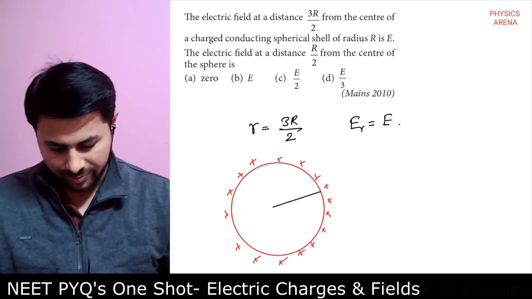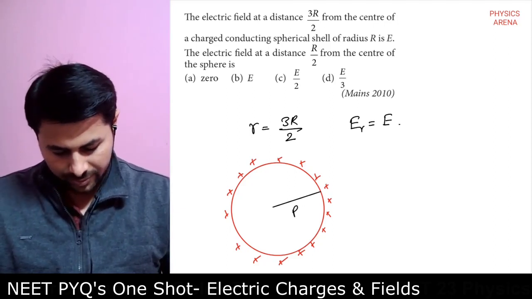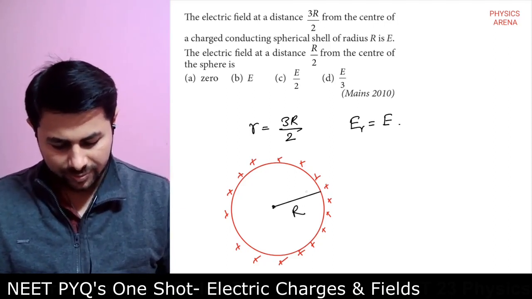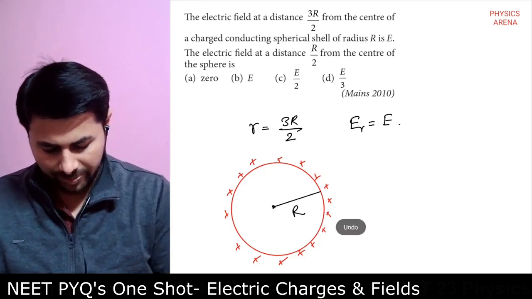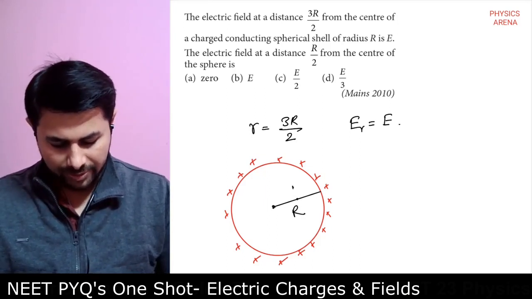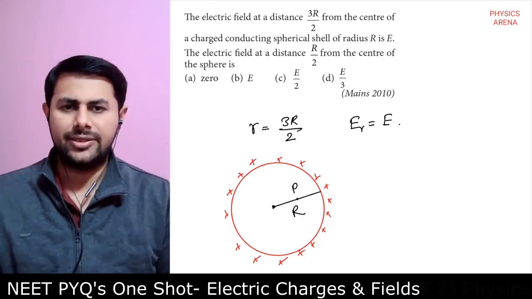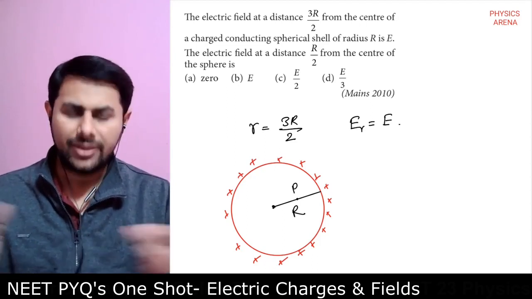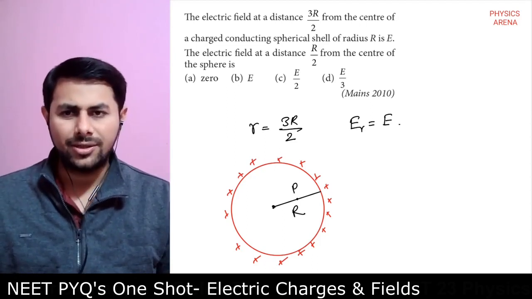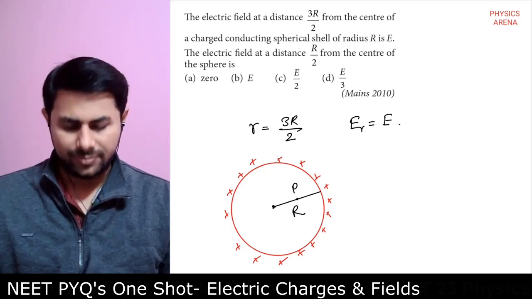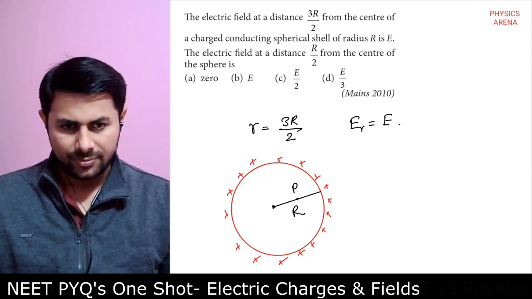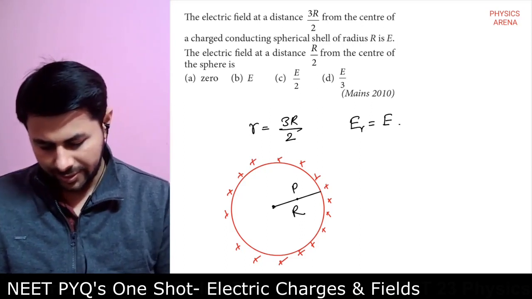This is a shell, this is distance r, and this is the point P. It can be anywhere. It is inside, right? The electric field inside the conducting shell is 0. So option A.